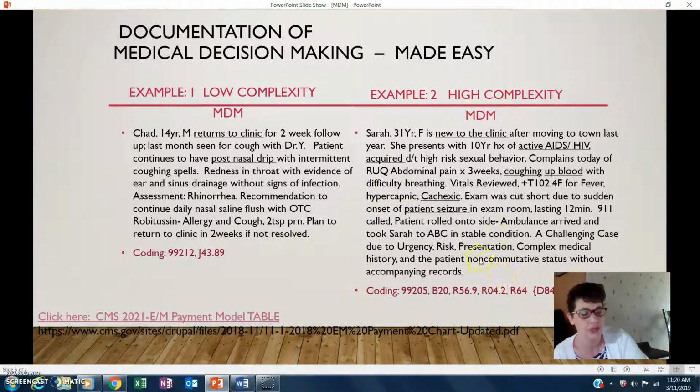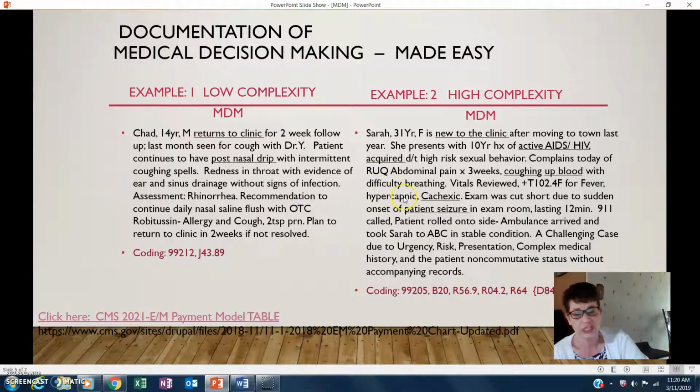I have a little note here that says D84.81 would also be applied for an immune-compromised person. That's a new proposed diagnosis for 2020. It wouldn't be effective until 2020, though.